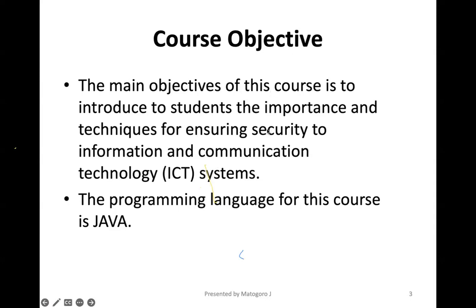Oh, good. Kuna mwingine ana swali? Muwe huru jamani, maana hii ni kama tungeonana darasani. Kwa hiyo be free, ask anything, and then at the end you can do a self training.